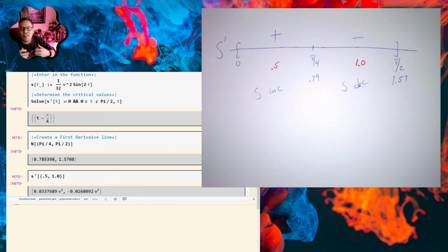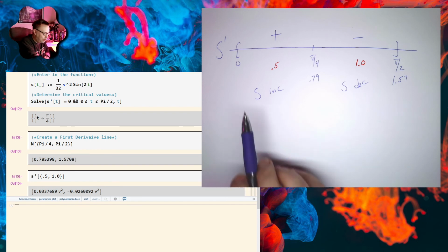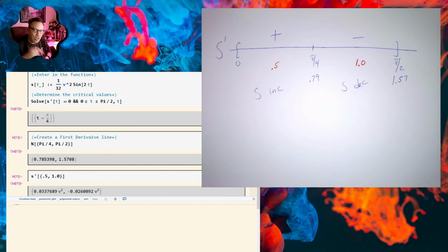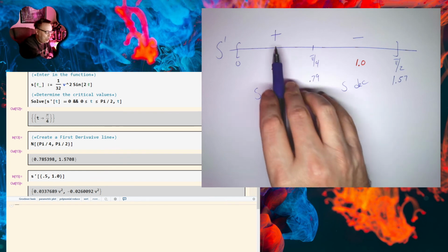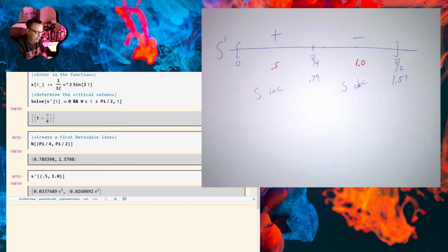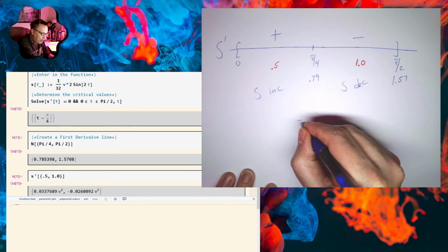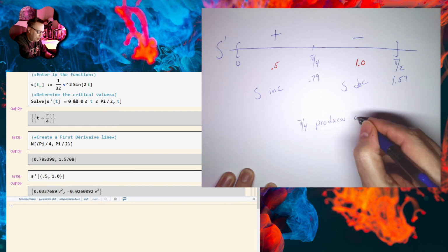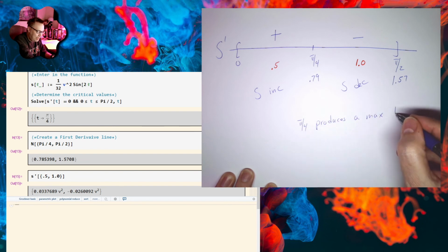It says that the distance that this football travels increases as we increase the angle up until pi over 4. Pi over 4, that's 45 degrees. And then the distance that the football travels starts to decrease after pi over 4. So we have an increasing to a decreasing. So this pi over 4 produces a max distance.